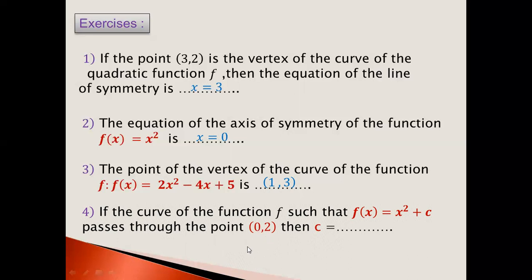So if you replace the letter x in the function rule by the number 0, the final result is going to be 2. Let's do it. If you replace the letter x here by the number 0, the result is going to be 0. So we can ignore this term. That means c equals 2.